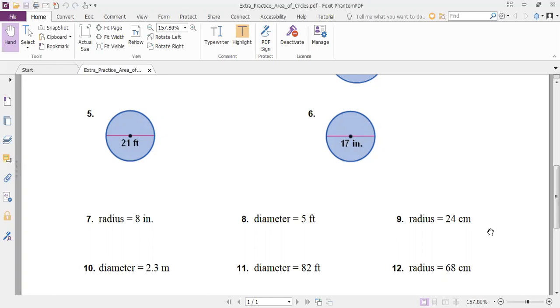So the rule here is 3.14 times the radius power 2, which equals the area.